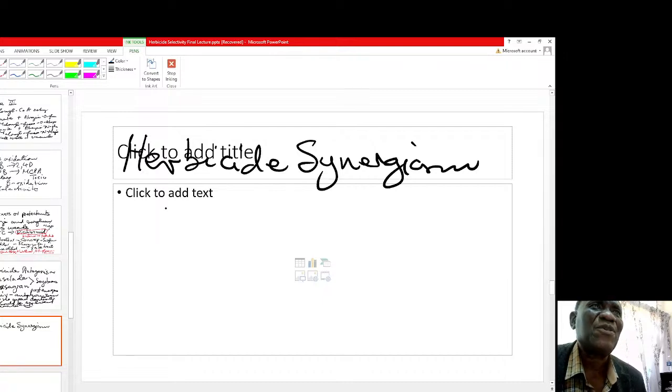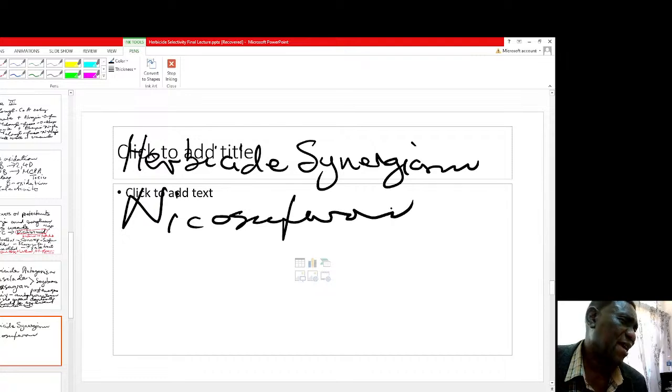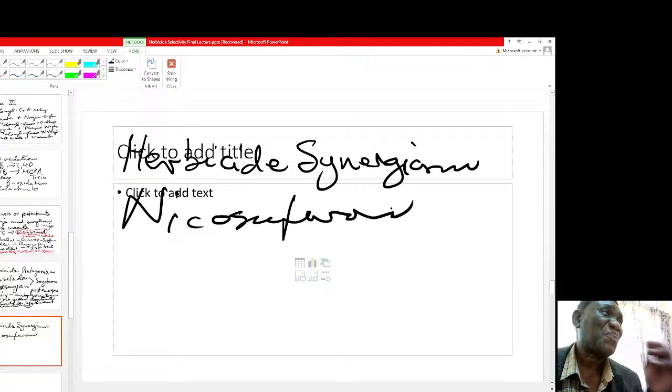This can happen with the herbicide nicosulfuron, which is a sulfonylurea herbicide.